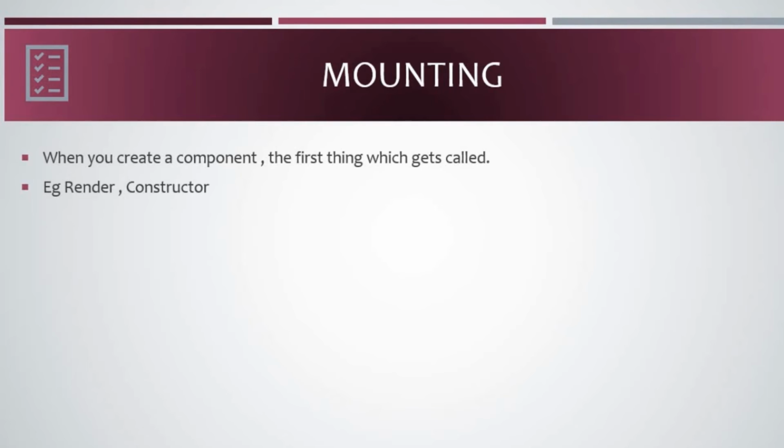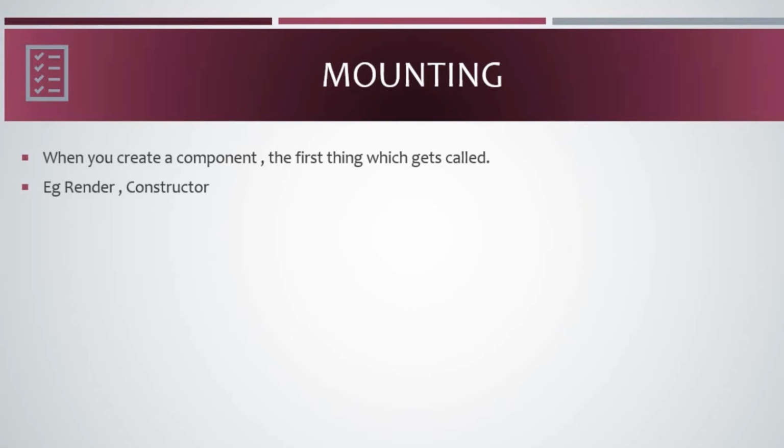That particular time is called the updating lifecycle. Here you are updating the component and not refreshing the browser. Refreshing the browser is something different. Over here, you are just updating the component alone in the web page, right?